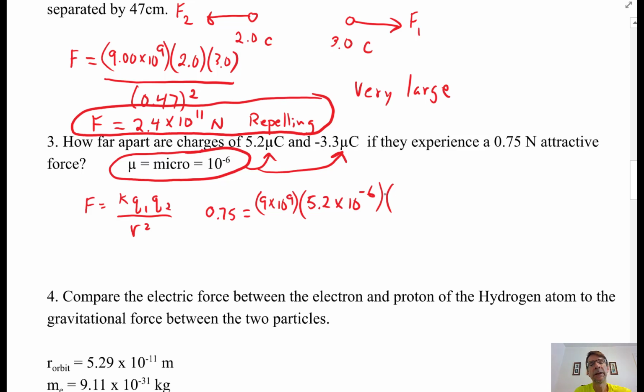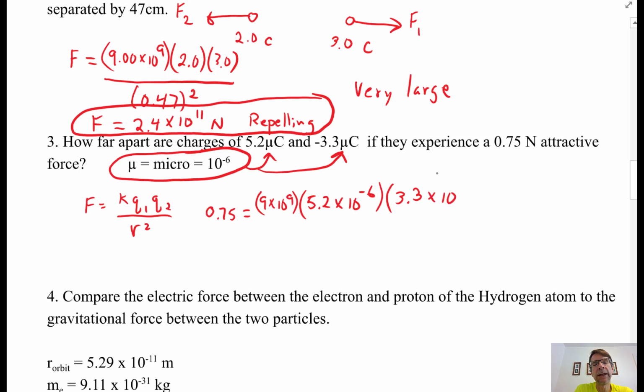But here's the other thing. The negative 6 is important, it's negative 6 microcoulombs. But the negative 3 is not important. You don't need to put the negatives in the equation. All that negative tells you is that these attract each other. You can if you want, but I prefer not to.